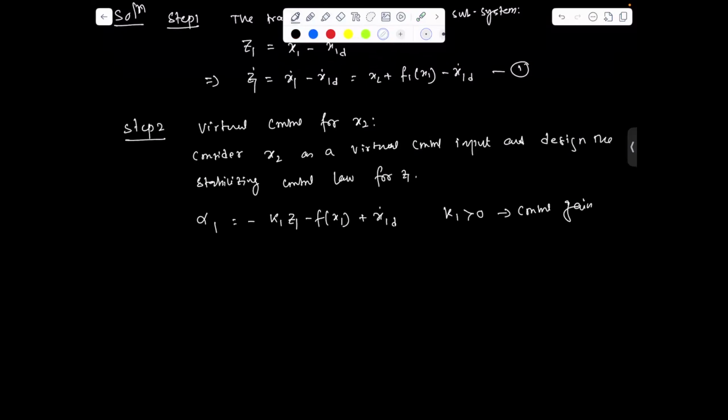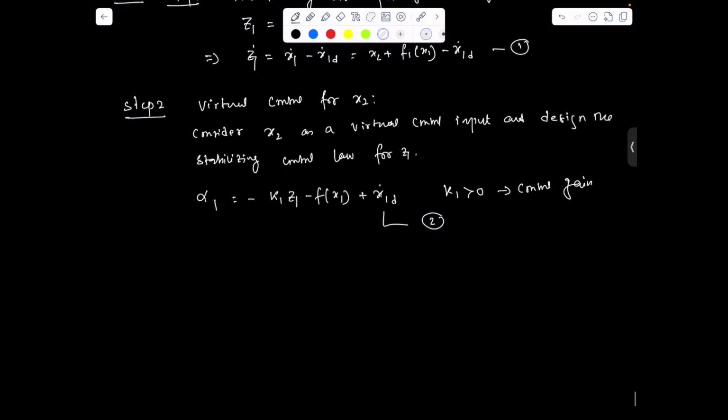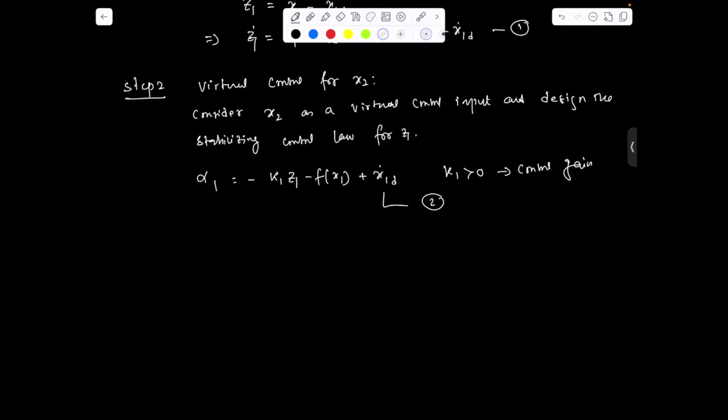Let us define this as equation number 2. Now, combining equation 1 and equation 2, we can write G1 dot equal to minus K1 G1 plus X2 minus alpha 1.